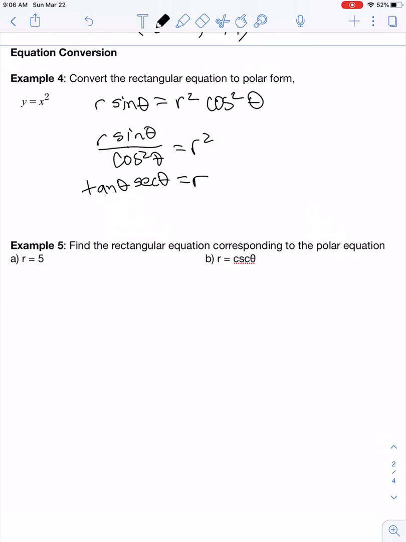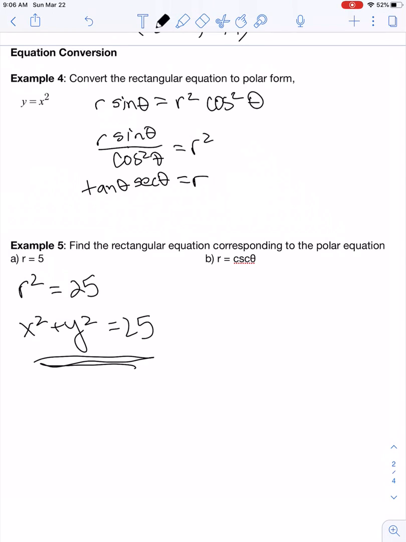But it almost fits the r squared equation. So let's square it. r squared equals 25. And we can replace r squared with x squared plus y squared equals 25. And so I think you'll see that r equals 5 is a circle of radius 5.